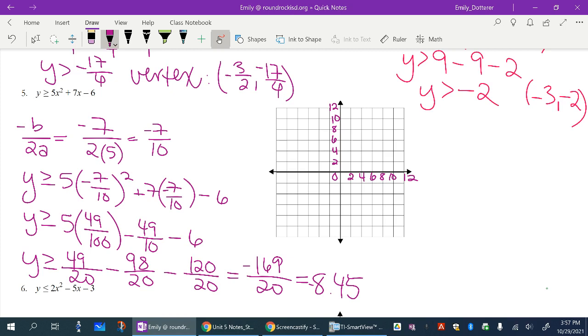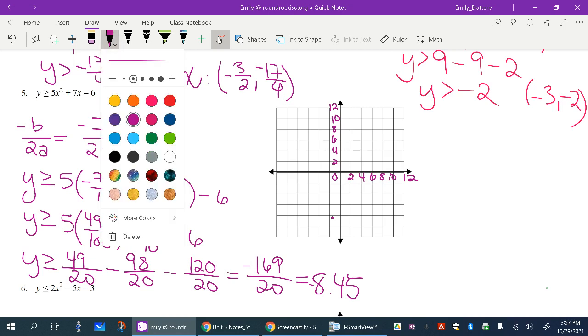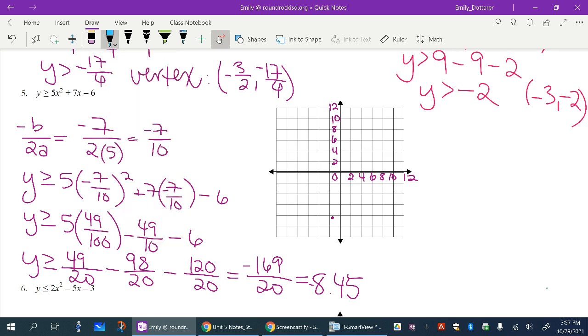And then negative 2, 4, 6, 8, right there. If it's not perfect, that's okay. It just needs to look like a reasonable place to put it relative to the points you have, if it's not directly on one of the little intersections of those lines there.